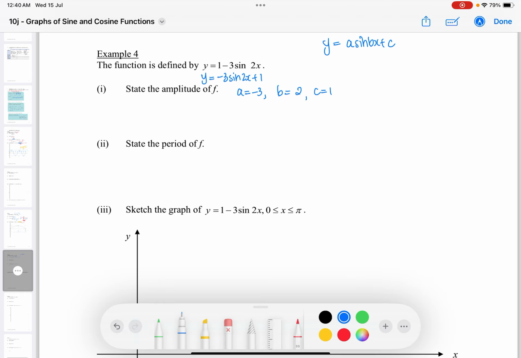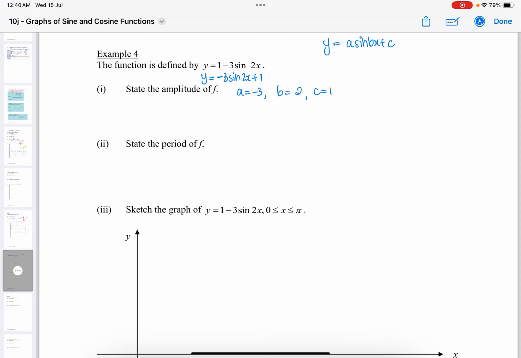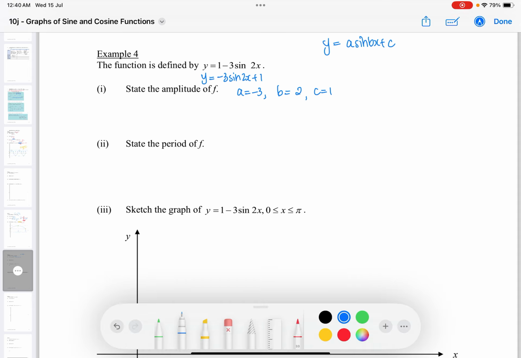Now, what happens when a becomes negative? In my previous video, you saw me explore the Desmos function. When I pull a to become negative, the entire graph actually flips, right? So what I'm trying to say is, if a is positive, the graph looks like this, with the maximum being at 3 and the minimum being at -3.